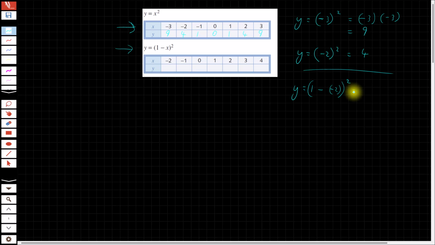So we firstly do all the brackets first and we go from the inside out. We can see we have a negative and a negative beside each other. That makes a positive. So we have 1 plus 2 squared. 1 plus 2 is 3. 3 times 3 is 9.